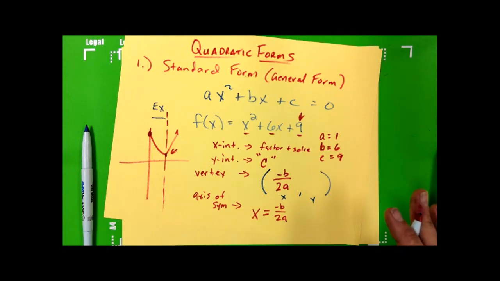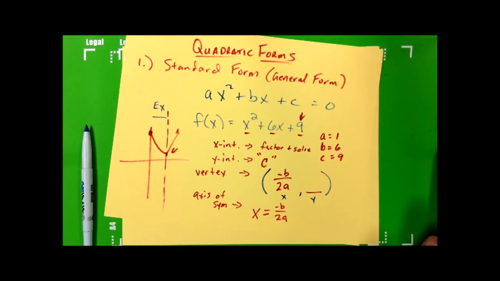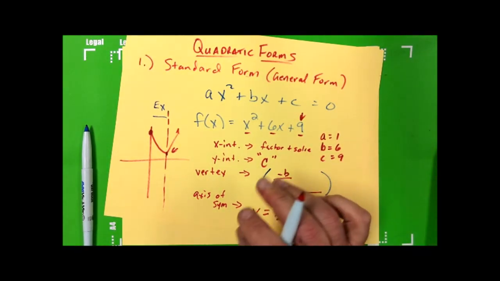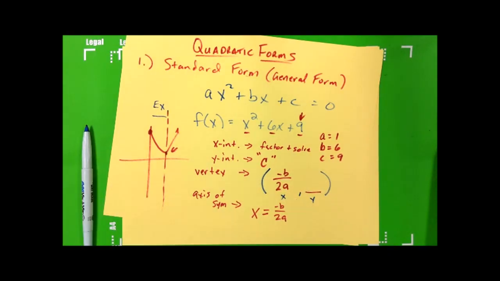Now, here's the trick. How do I get Y of the vertex? You plug in the X value, right? Because if I find the X, that's an input, and I can always find the matching output if I just plug it back in.